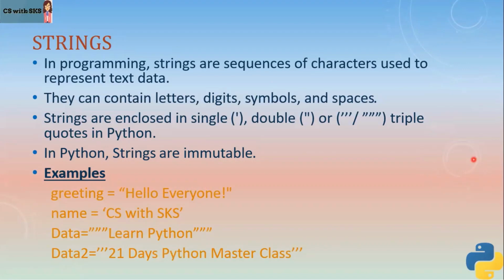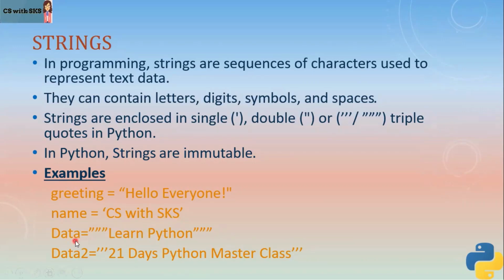Greeting is a variable equal to "Hello everyone!". If you look here, it is kept in double quotes. It has a space and a special symbol, the exclamation mark, and it is kept in double quotes. Next, name equals 'CS with SKS', enclosed in single quotes, and it has spaces as well.